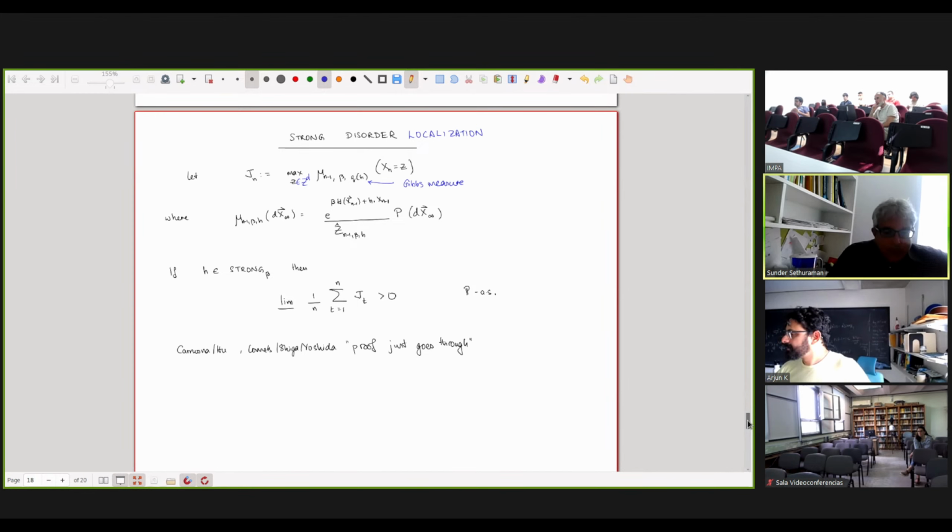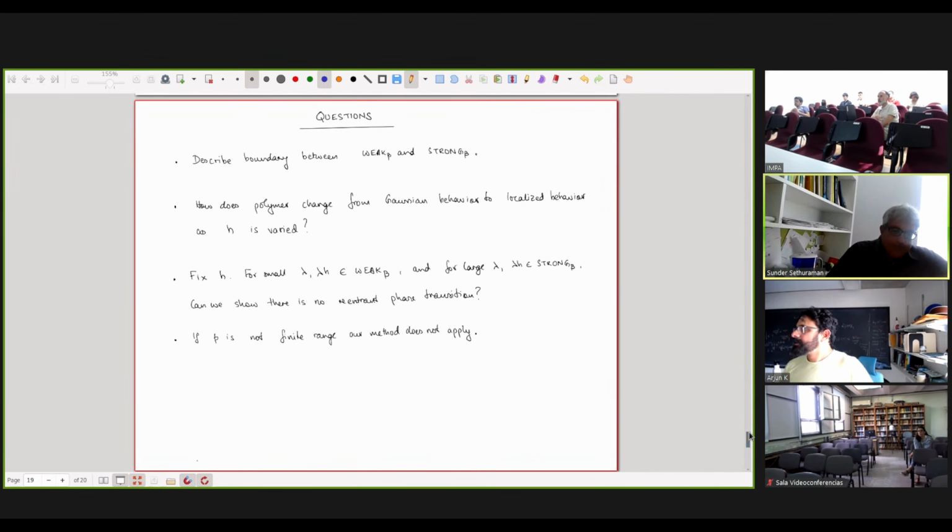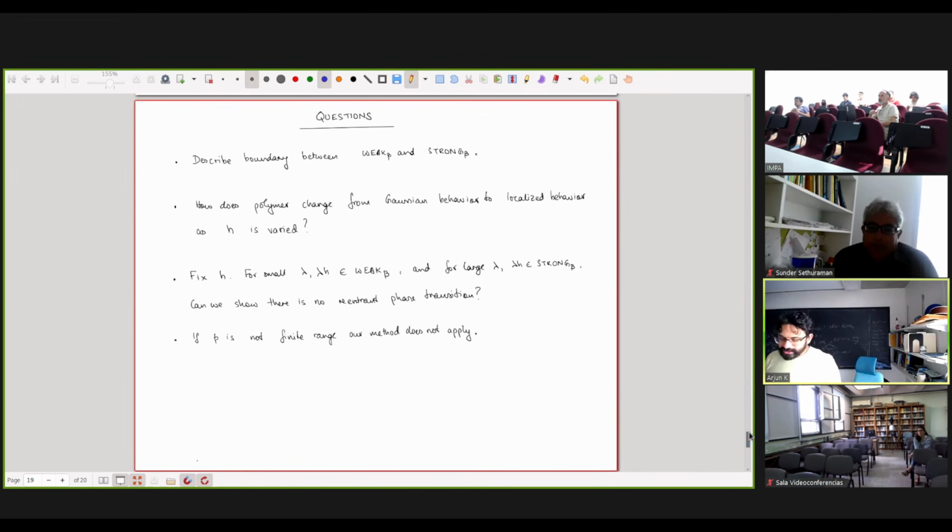Okay, maybe keep going, Arjun. Okay, so here are the questions we'd like to answer. There are two sets of fields where you're in weak disorder and strong disorder at fixed beta. And I want to describe the boundary between these two sets.